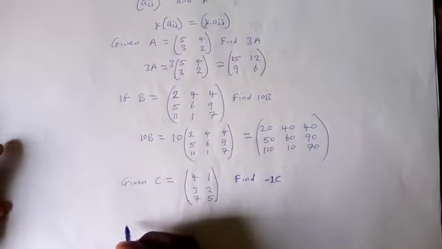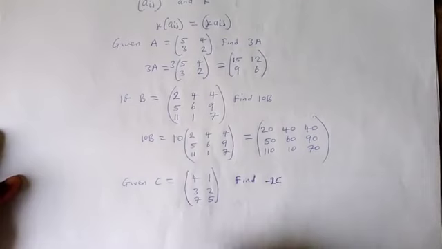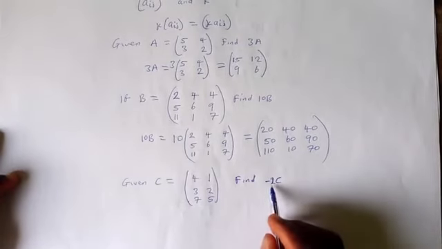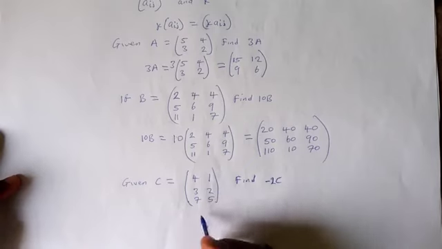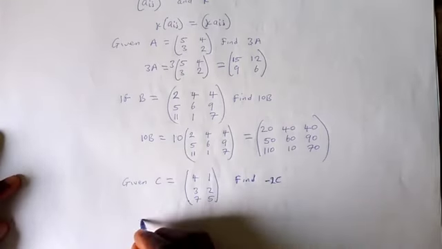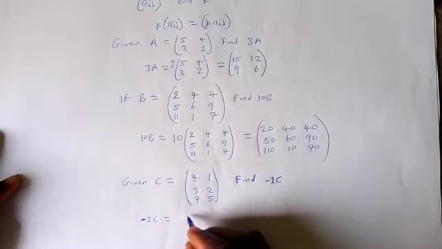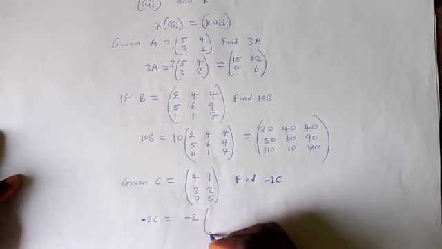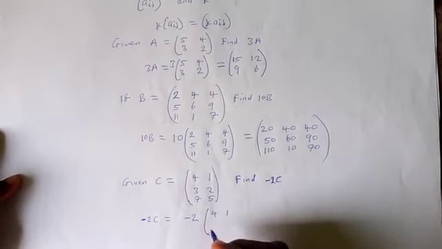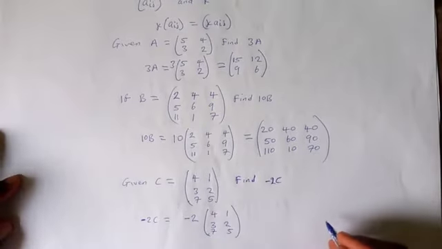So let's solve this. So here our scalar is minus 2. So we are going to use the minus 2 to multiply each of the elements of the matrix. So our minus 2C, which is our new matrix, will be equal to minus 2, open bracket, 4, 1, 3, 2, 7, 5. We close the bracket.